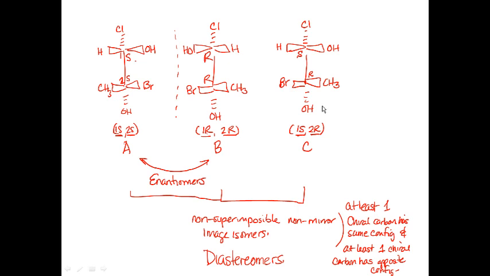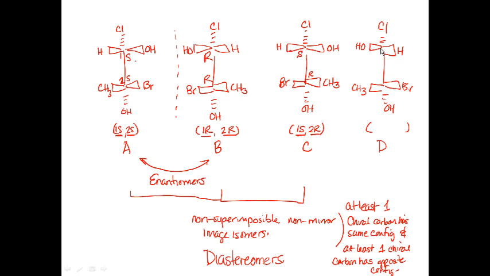Now, is there a fourth molecule that I can draw in this set that is also a diastereomer to A and B? Well, yes, I can draw molecule D, and D would be the mirror image of C. So if I draw the mirror image isomer of C, it would look like this. And what would its configurations be?